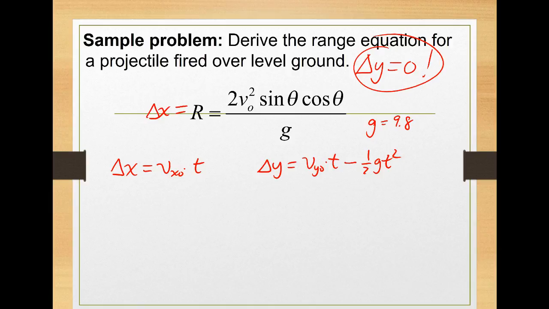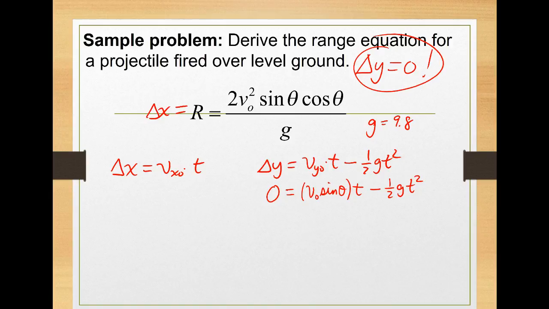Okay? So now, instead of plugging x into y, we're going to go the opposite way and plug y into x, using the fact that delta y is 0. So this is going to be v naught sine theta times t, and this is going to be minus 1/2 g t squared. Okay?